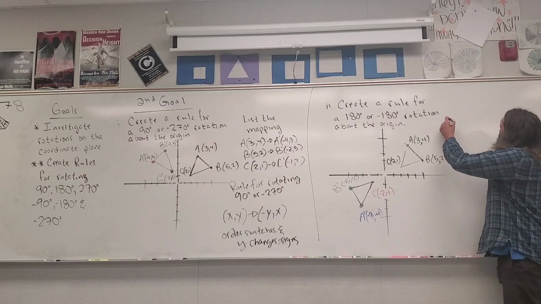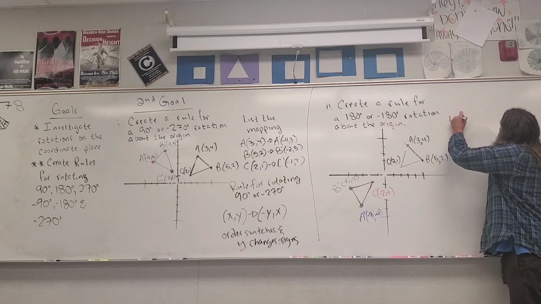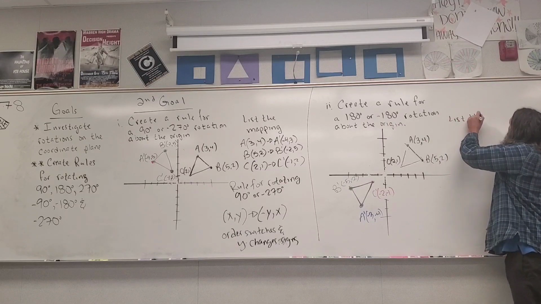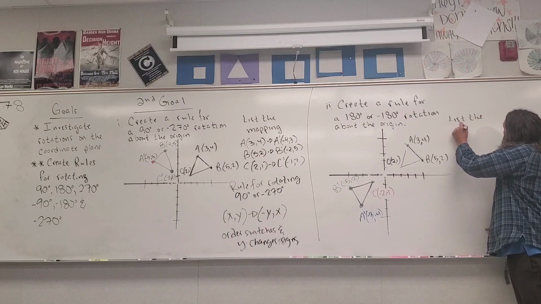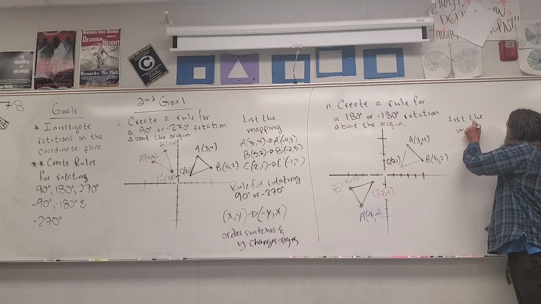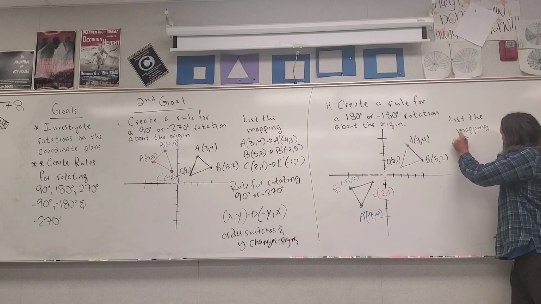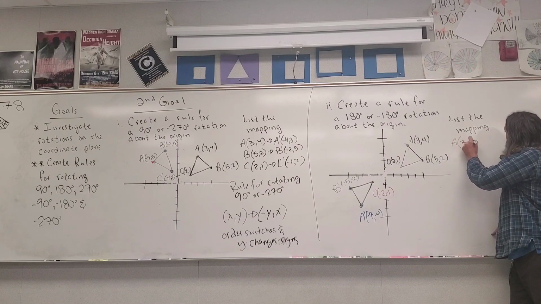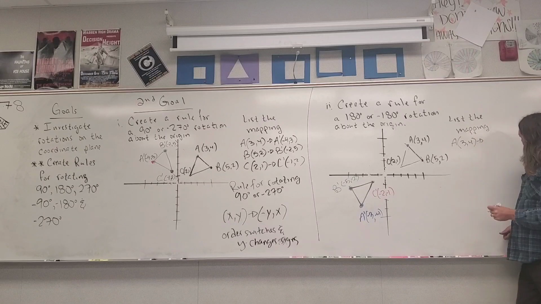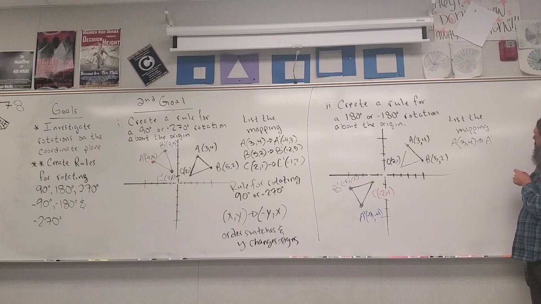Let's list the mapping. Okay, A, which is 3, 4, goes to A prime, which is -3, -4.